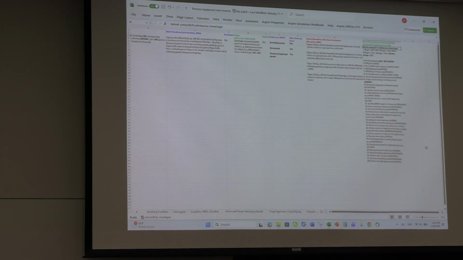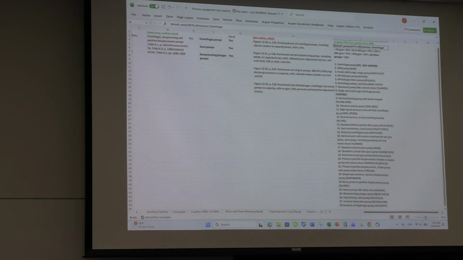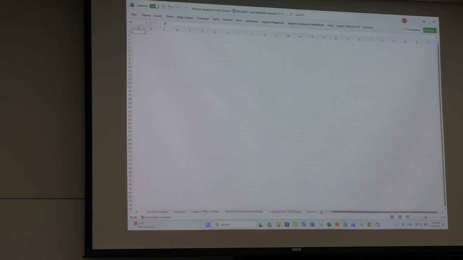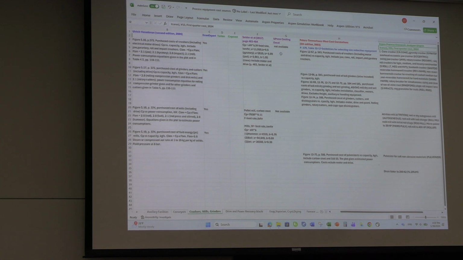Okay, I want you to look at this first. First column, that's a textbook 2004.